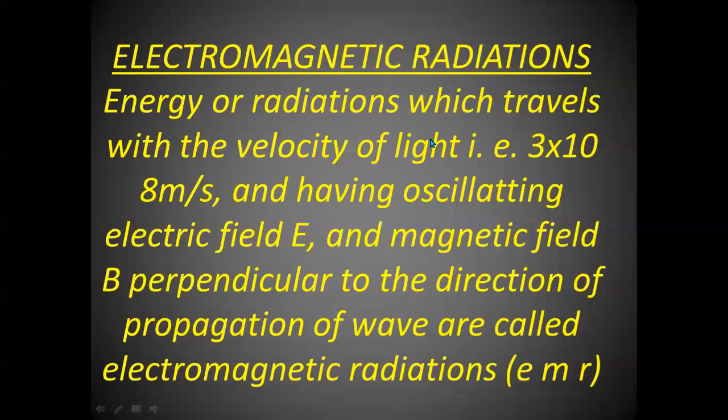They are defined as energy or radiations which travel with the speed or velocity of light, that is 3 into 10 to the power 8 meters per second, or 3 into 10 to the power 10 centimeters per second, or 3 into 10 to the power 5 kilometers per second, and which have an oscillating electric field E bar and magnetic field B bar, which are perpendicular to the direction of propagation of the wave.